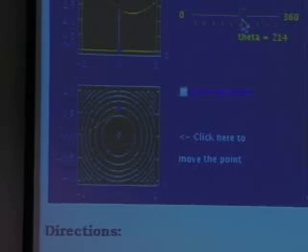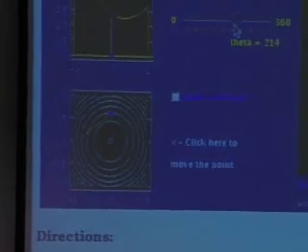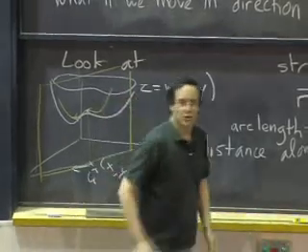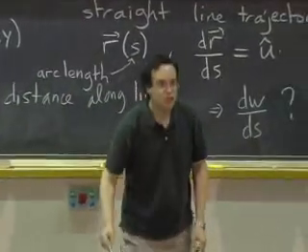The slice has a certain slope, and that slope is the directional derivative in that direction. I think that's as graphic as I can get. Any questions about that?